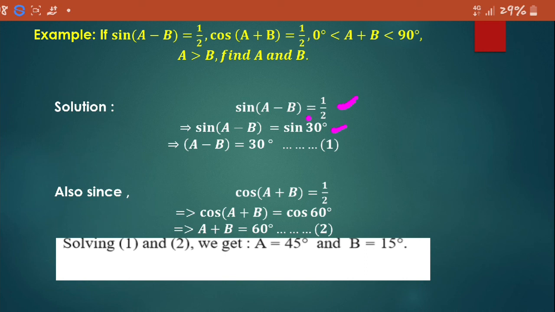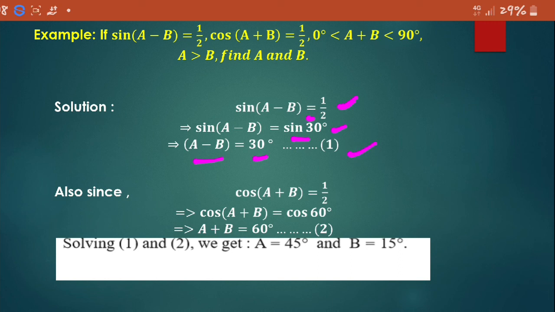So in place of half, I am writing sin 30 degree. So you got sin of A minus B is equal to sin 30 degree. That means the value of A minus B is equal to 30 degree. Mark this as equation number 1.